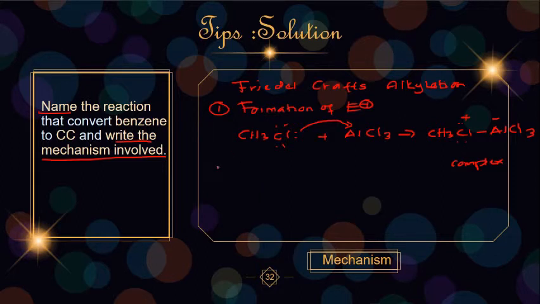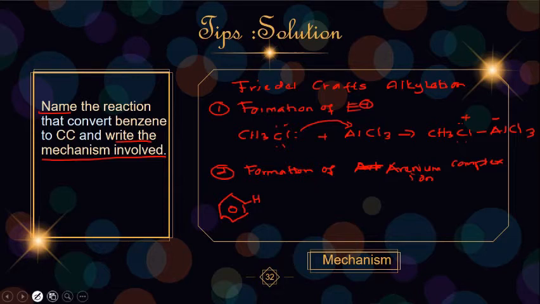Okay, so the second step is formation of arenium ion. Formation of arenium ion. Okay, how to find the formation of arenium ion? You just take back your benzene from just now. You need to show its H because you need to substitute this.